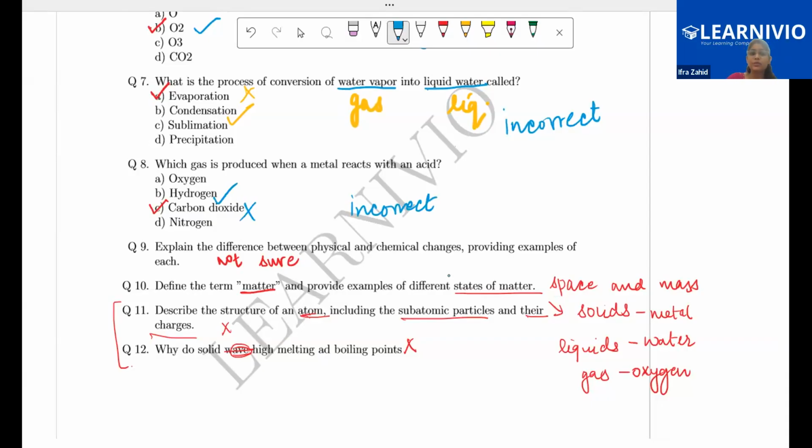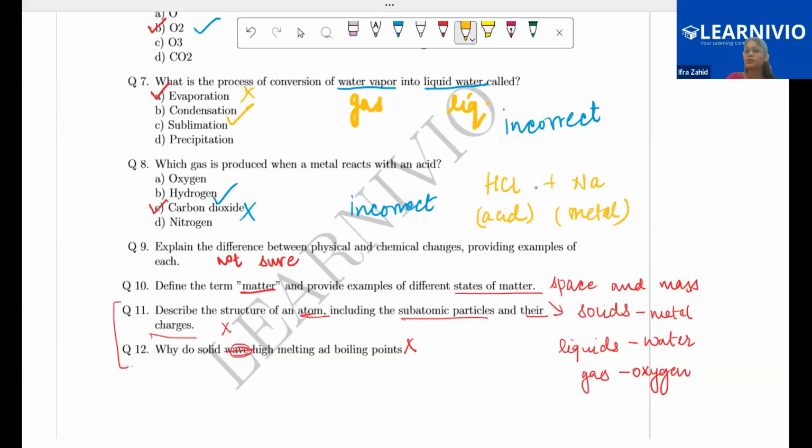When a metal reacts with an acid, we can take an example here. I'll give you one example. HCl, hydrochloric acid, is an acid, right? Yes, ma'am. It's reacting with a metal called sodium, which is Na, correct?